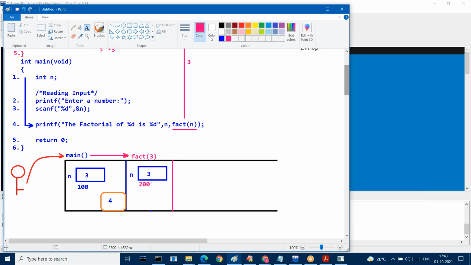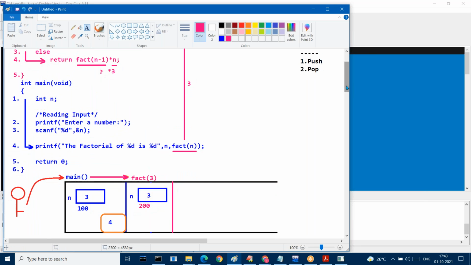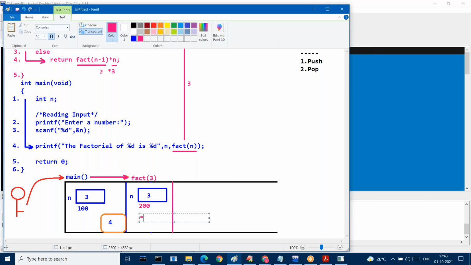But somewhere while executing line number 4, suddenly he got a multiplication. Something with multiplication, but what is that something he doesn't know. And for that purpose, he made a function call. What is that function call? Put it here. Fact 2.